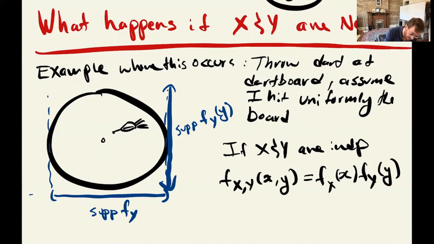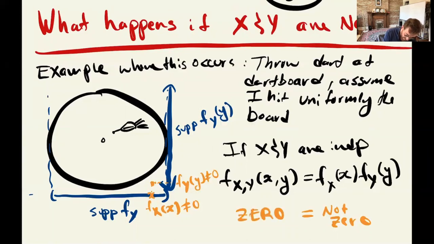But if I consider a point like this one right here, f of X of this little x value is not equal to 0. And similarly, since it's a possible Y value, f of Y of little y is not equal to 0. But I see it's off the dartboard, so the joint PDF is 0.